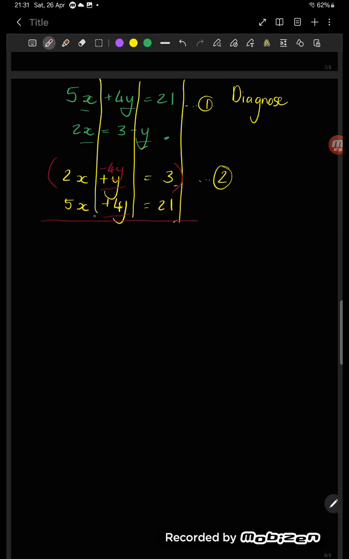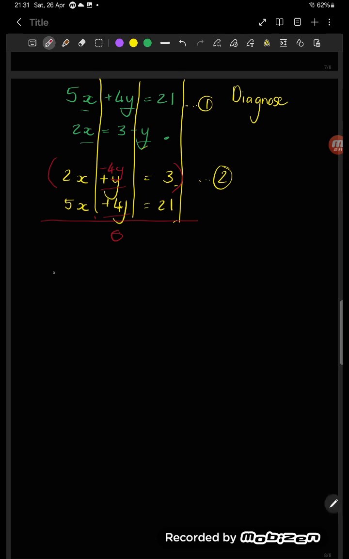And if I use a column method, minus 4y plus 4y is 0. I want a 0, because I cannot solve for x while y is sitting there watching the show. I need to get rid of it. I need to send them to some fancy restaurant so that they can sit and wait for their turn.